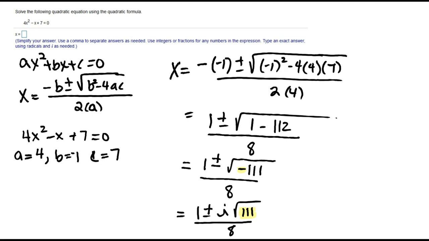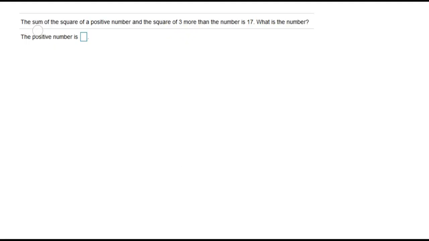This question says the sum of the square of a positive number and the square of 3 more than the number is 17. What is the number? The positive number is blank. So in this question, we want to translate this sentence into math symbols, into an equation.